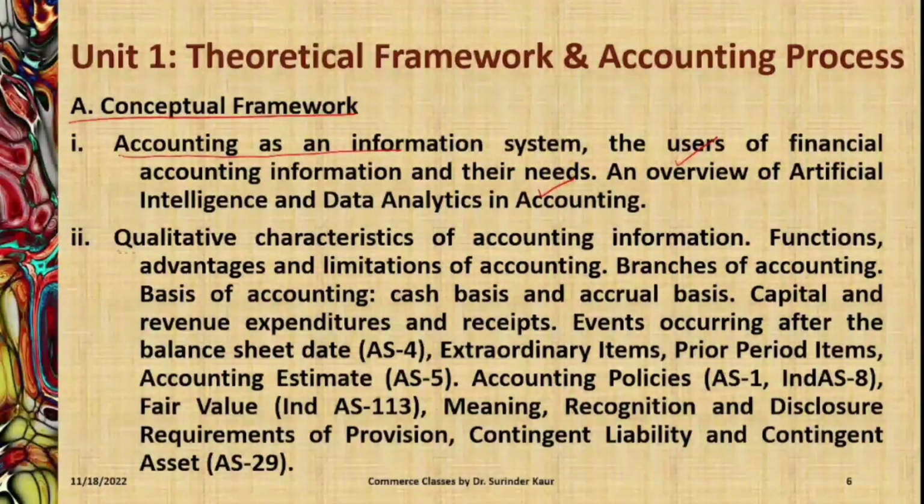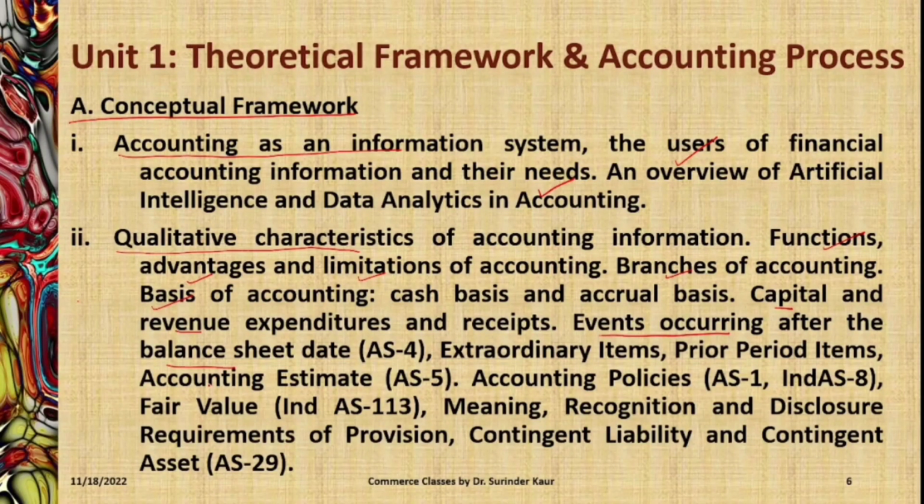Second is the qualitative characteristics of accounting information, then functions, advantages, limitations of accounting, branches of accounting, basis of accounting, different types of expenses and revenue and their classification into capital and revenue expenses. In case of expenditures, we have another category also, deferred revenue expenditures. Then what are events occurring after the balance sheet date?